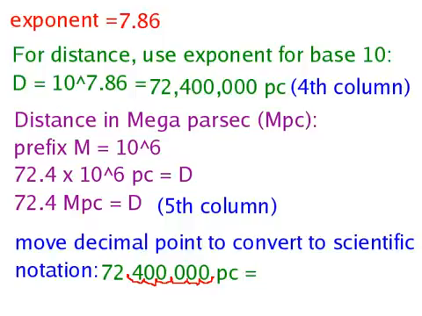Okay, so that's in red, so it's moved by 6 places. So we'll get 72.4, and then the number of spaces by which we have moved the decimal point is absorbed into the power of 10. And 10 to the 6th is essentially 1 million.